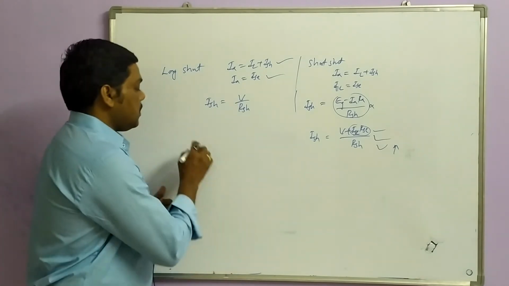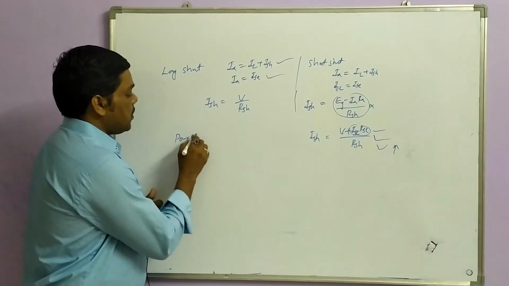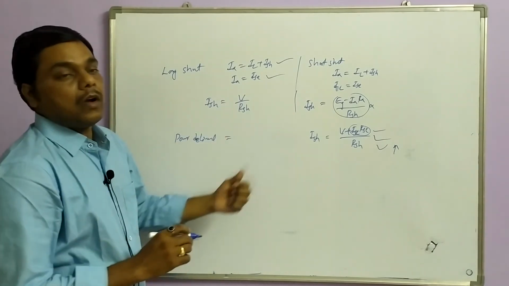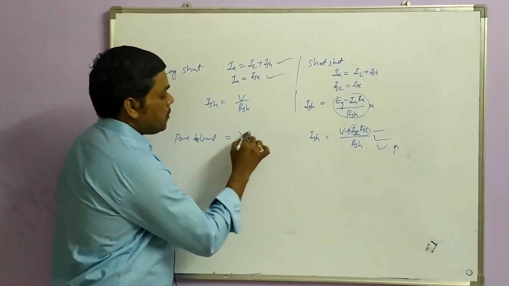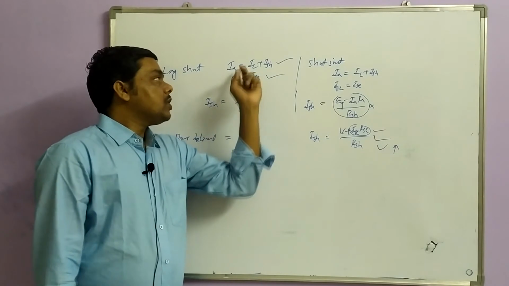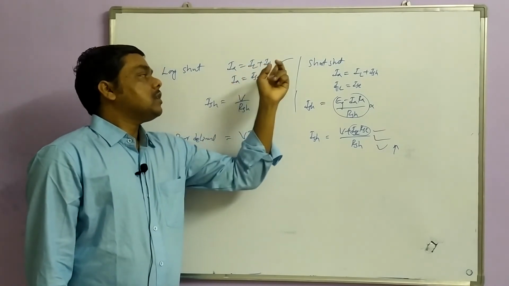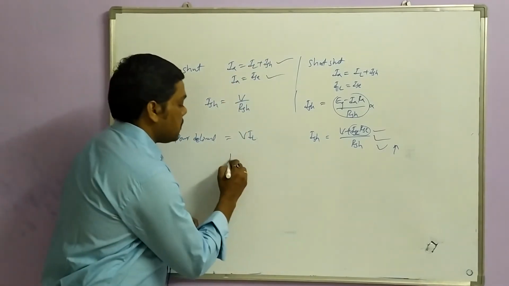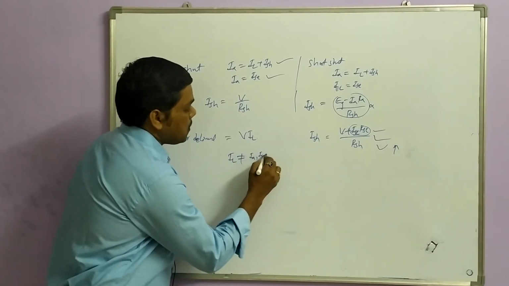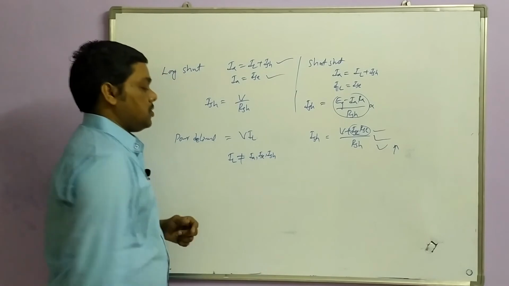And power relations, if you take out power delivered in long shunt generator, it is V into IL. So IL may not be equal to IA or ISC or ISH.